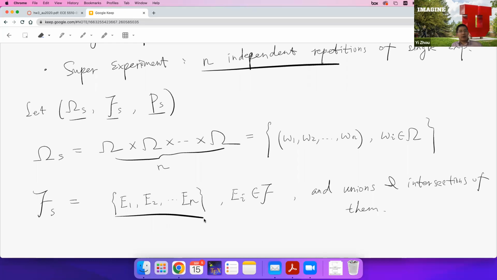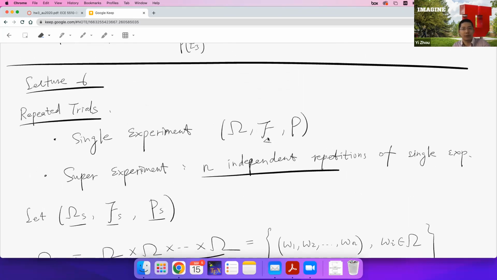Again, this is a concatenation of the events for the individual repeated experiments, and each event comes from the sigma algebra that we formed for the individual experiment.